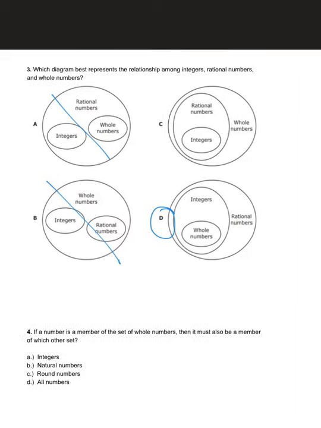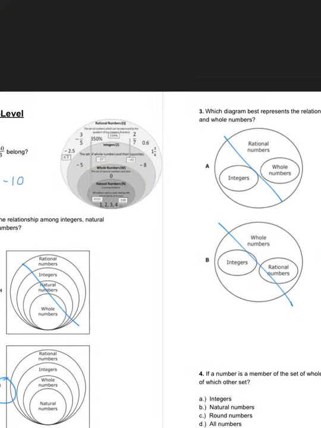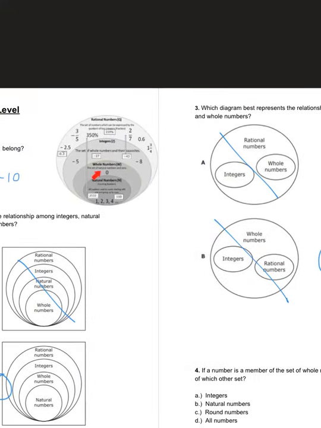Okay, moving along to number 4. It says, if a number is a member of the set of whole numbers, then it must also be a member of which other set? So we're trying to see whole numbers. Let's look at our picture up here again. If it is a whole number, then it is also considered an integer, and it's also considered a rational.